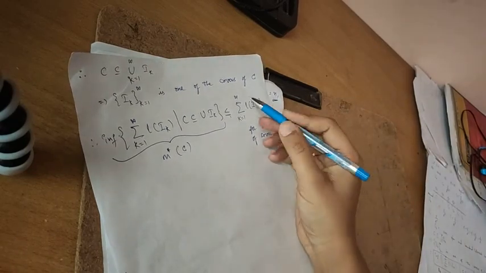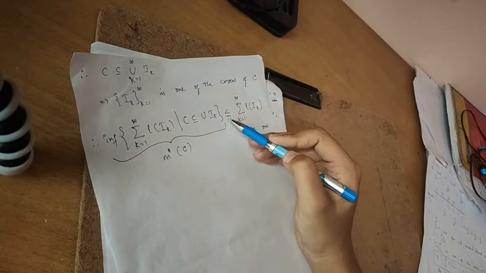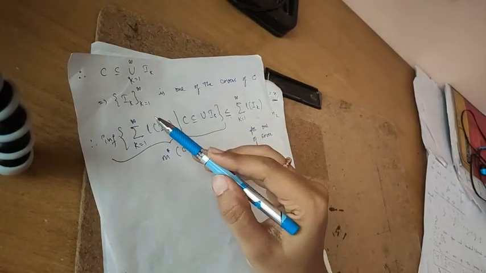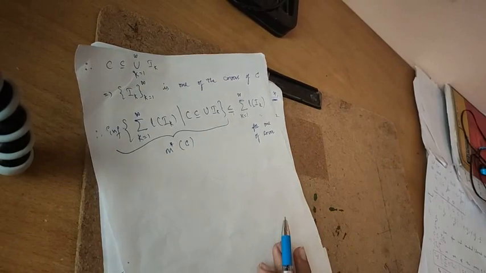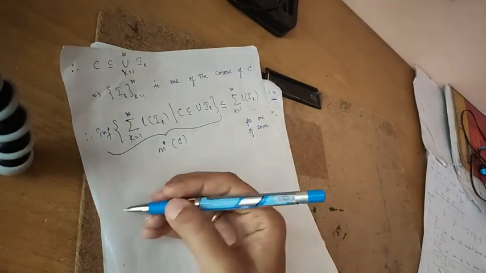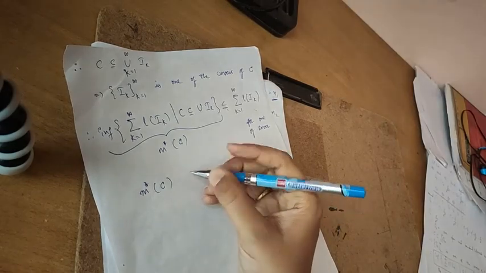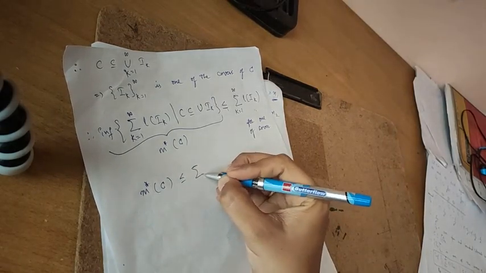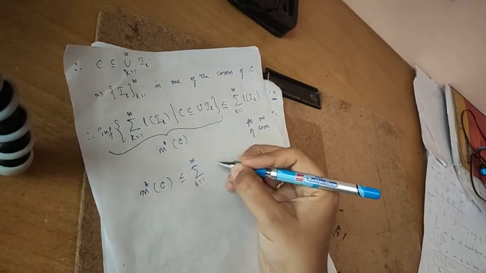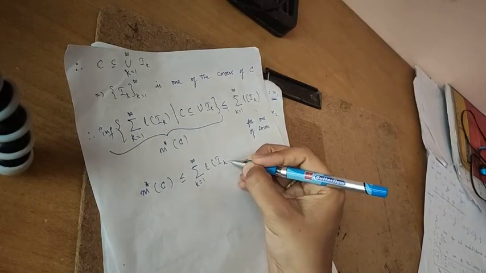Correct? So one of the covers will be greater than the infimum of all possible covers. So m star of C is less than or equal to summation k equal to 1 to infinity length of Ik.